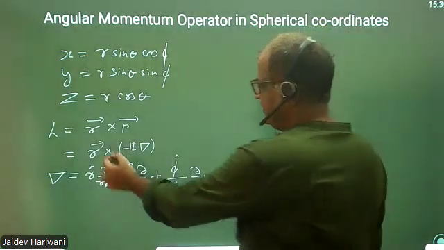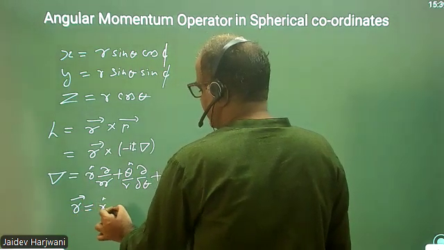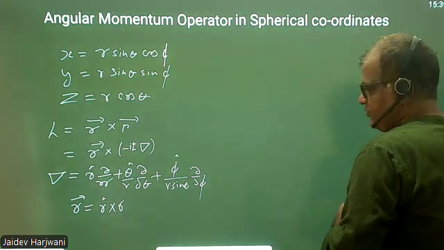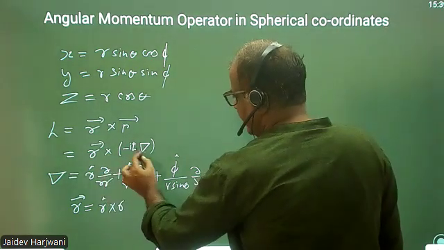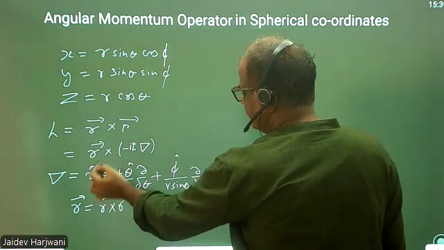And the vector r can be written as a unit vector r̂ times the magnitude r. So when r is multiplied with this del operator, the r̂ term becomes 0.